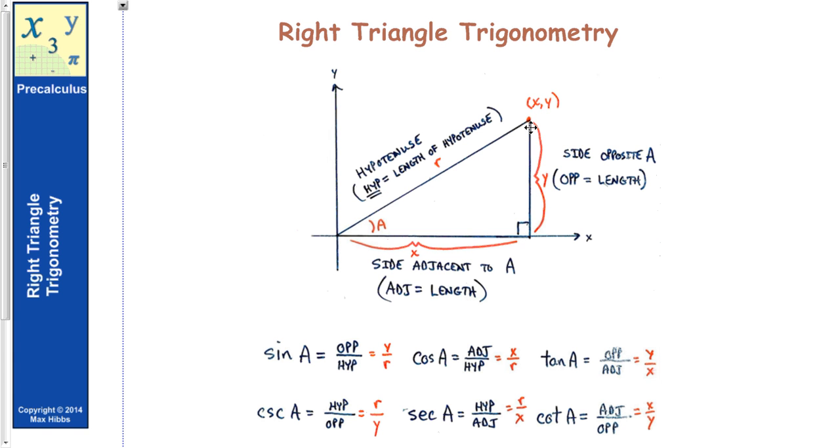And from here to here is the distance y, so that's the y value. We'll label for now the distance from the origin to this point as length r. Earlier we called this hyp, but just to get into a new swing here.